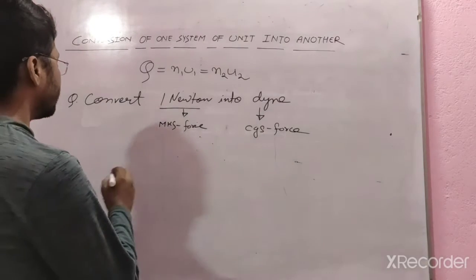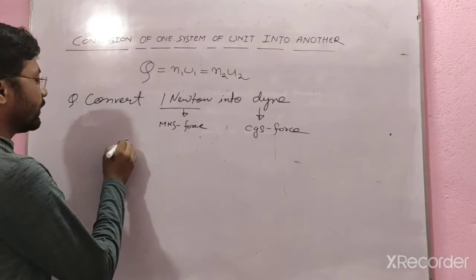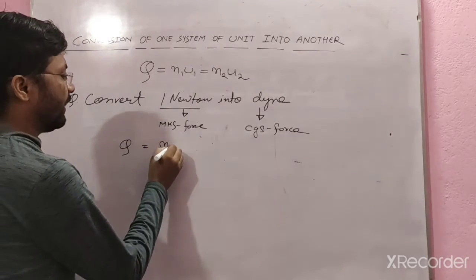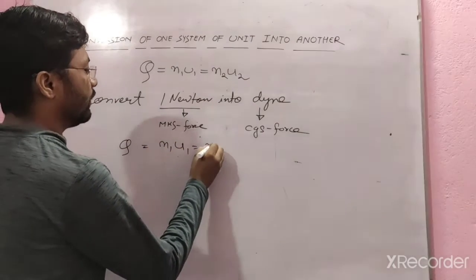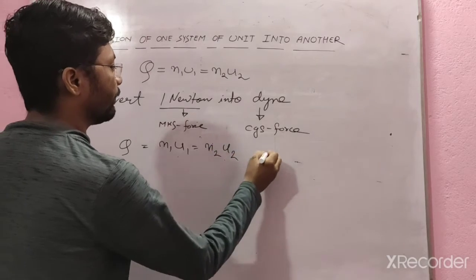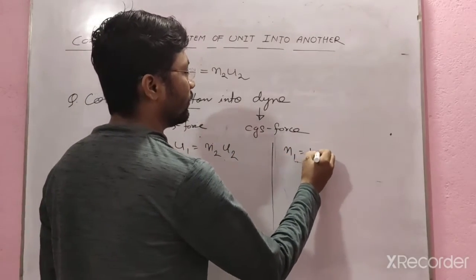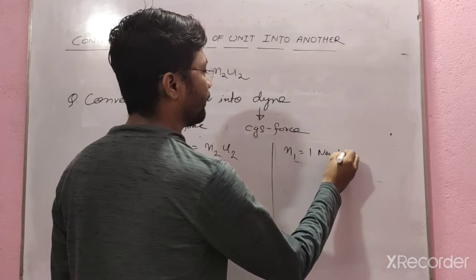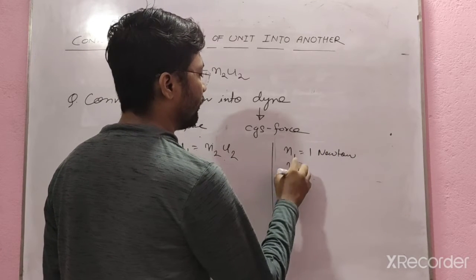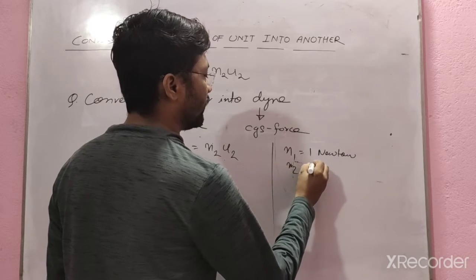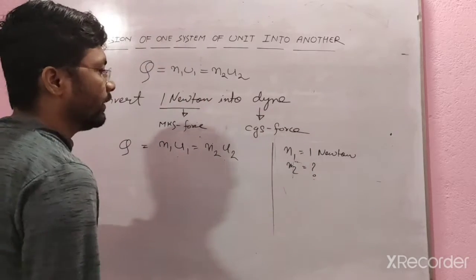Now Q equals N1 U1 equals N2 U2. Let N1 equal 1 Newton, and N2 is to be calculated.